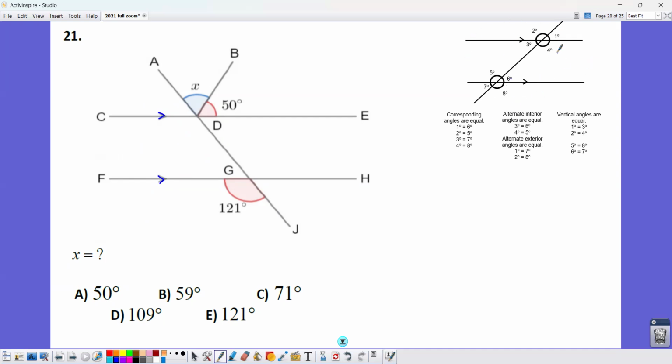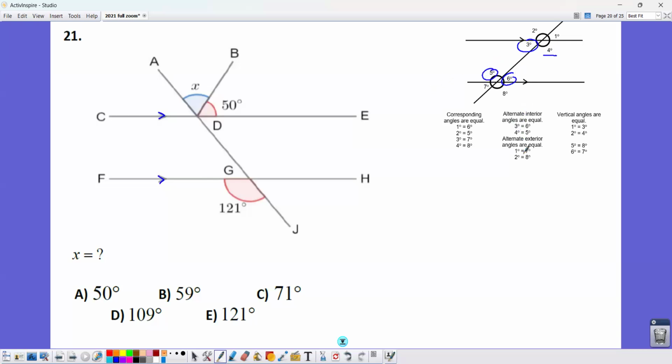In this figure, there are some equal angles, like 1 and 6, 2 and 5, 4 and 8, 3 and 7. We call them corresponding angles. So when they are on the same side of the line and in the same direction, then we have alternate interior angles, 3 with 6 on opposite sides but in between the two parallel lines, also 4 and 5.